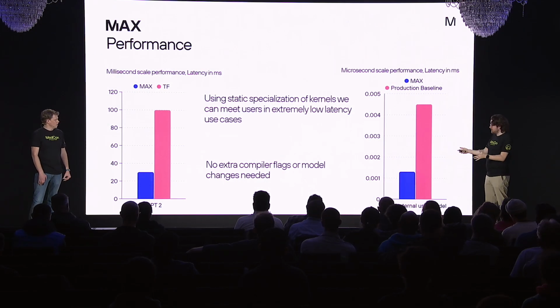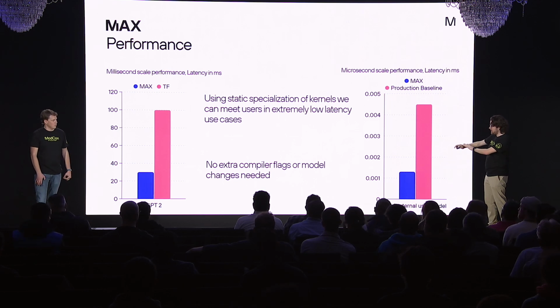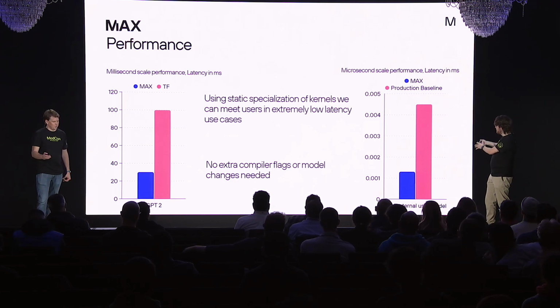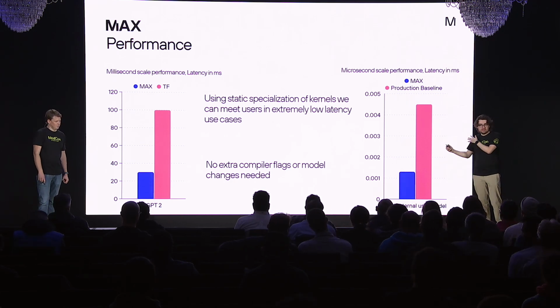And with the same kernels and the same software stack, without any additional compiler flags, we're able to specialize in this case and beat their production baseline, which uses an existing framework that has a whole bunch of custom flags and tuning and all of this stuff, whereas this is the exact same compiler flag in both cases, for both millisecond scale and microsecond scale. So this scales all the way down.